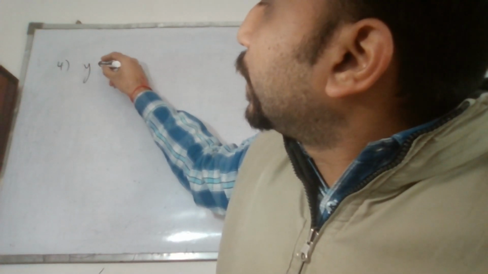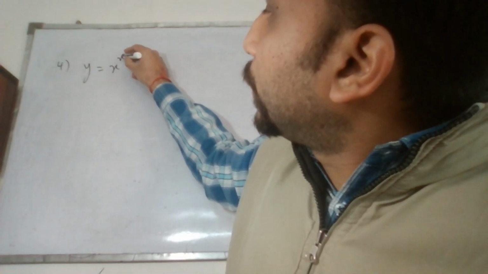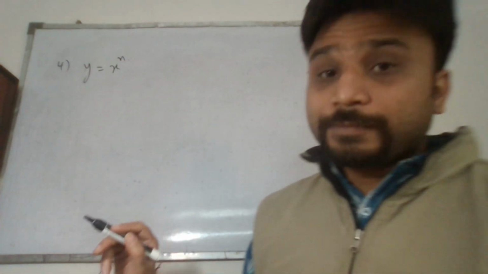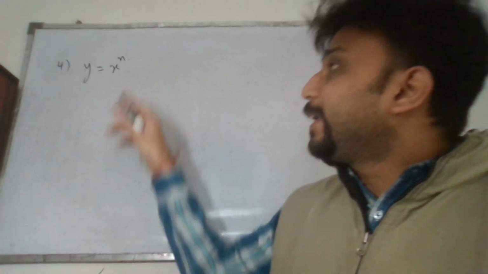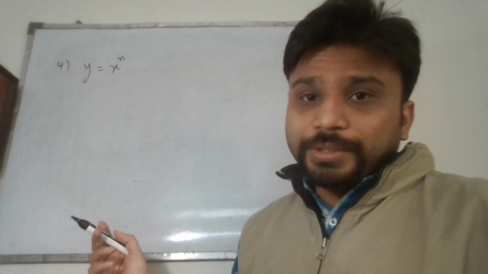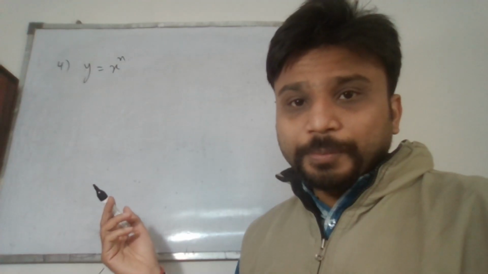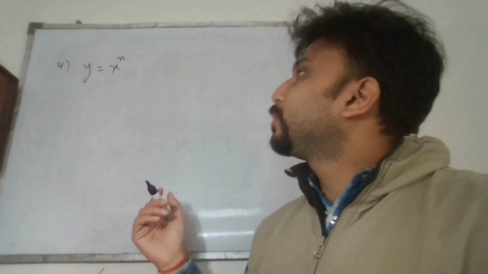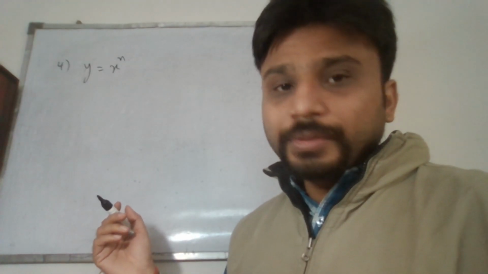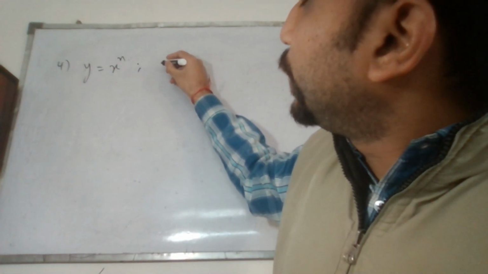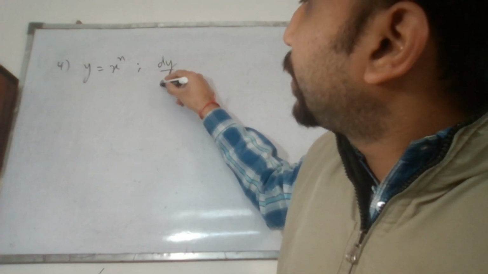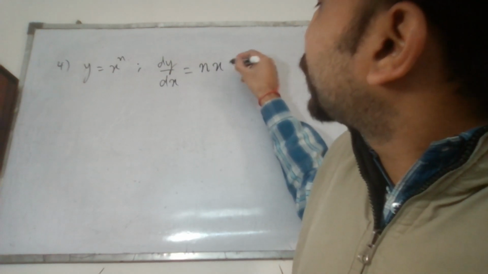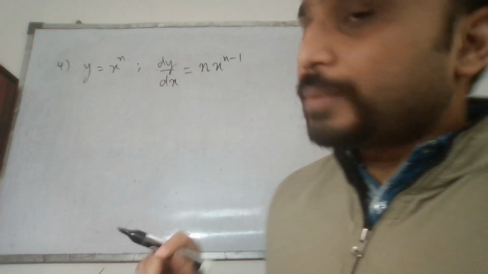If there is a curve y equals x to the power n, n can be any value. n can be 1, it can be 2, it can be minus 1, it can be minus 2 as well. So what to do? In this case, we remember that dy by dx is equal to n x to the power n minus 1.